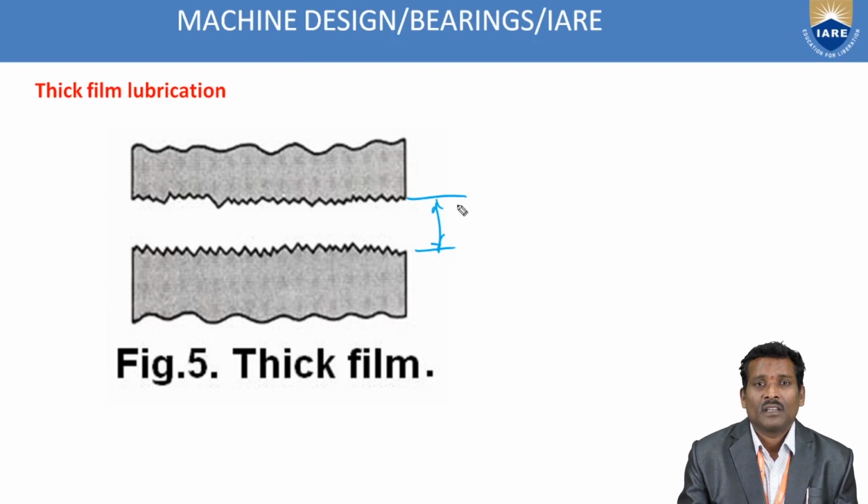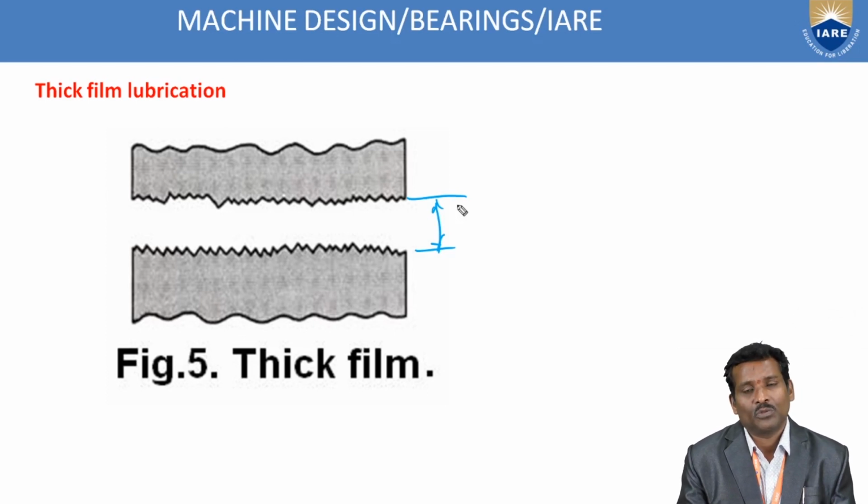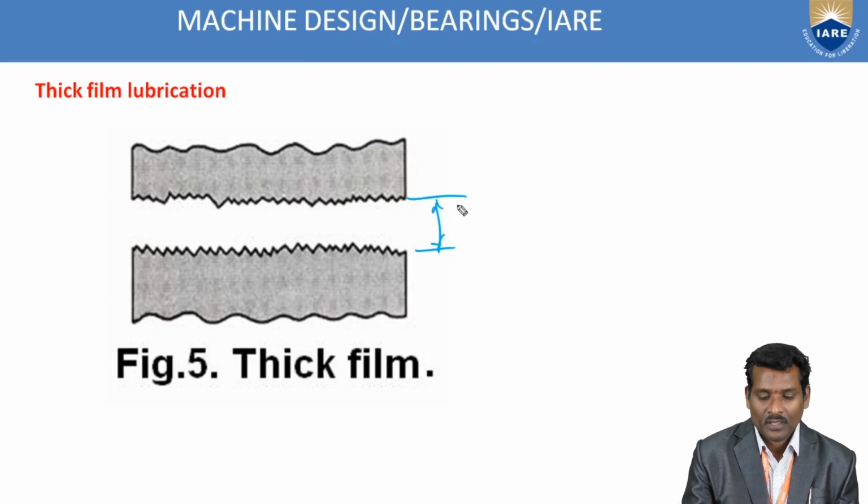So it means the surfaces are well separated, so there is no metal to metal contact. These type of bearings are called thick film lubrication bearings.